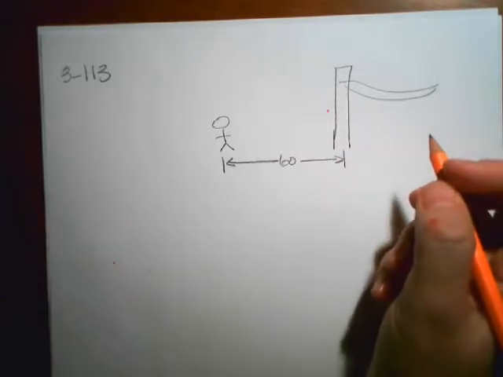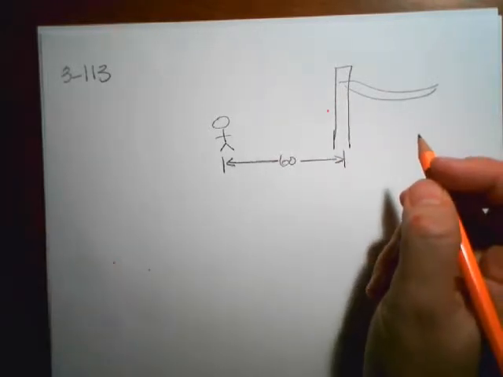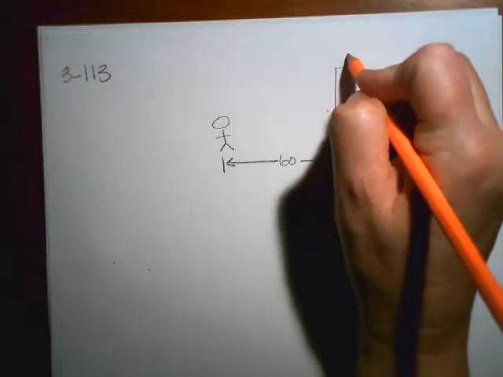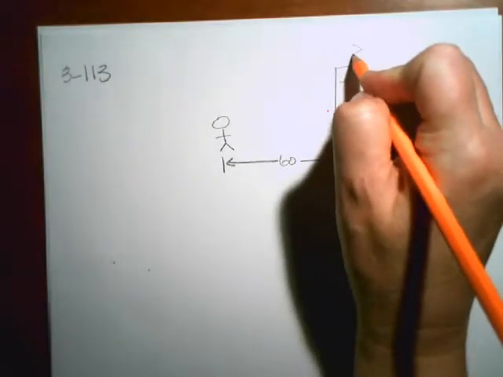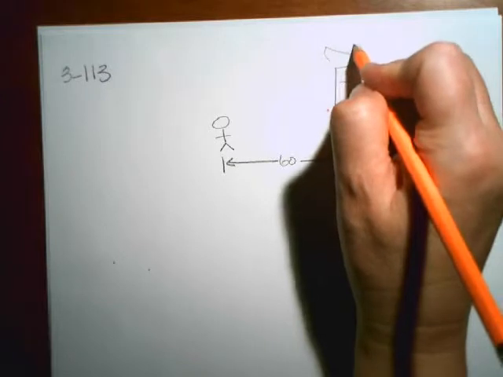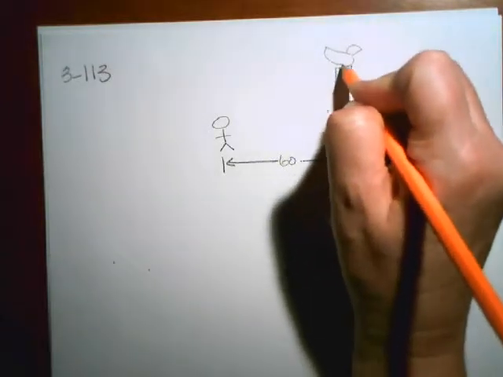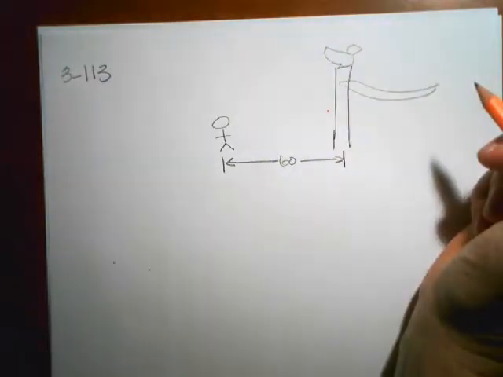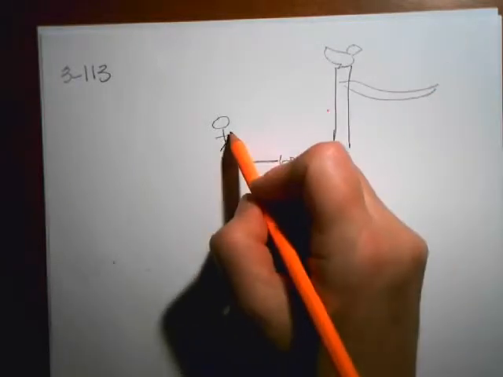Okay, as he looks up, a red-tailed hawk lands on top of the pole. So we've got the hawk up here, and his angle of sight is 22 degrees.